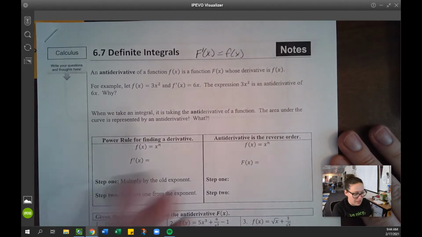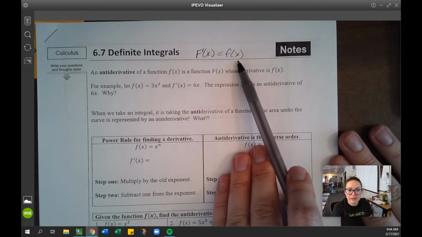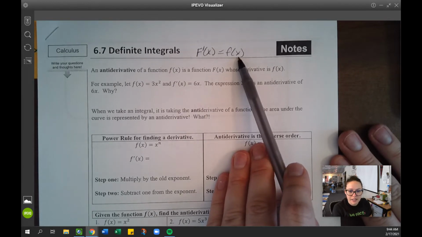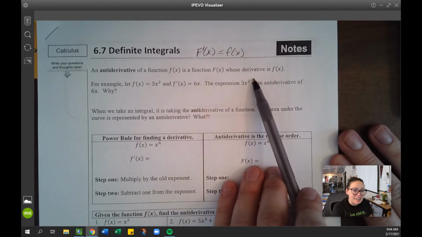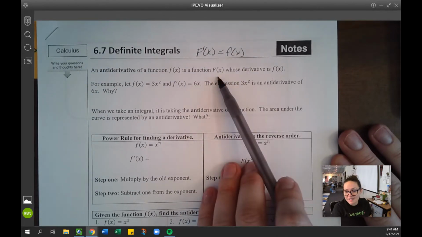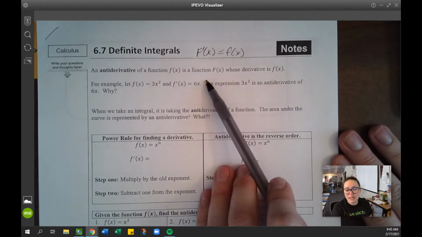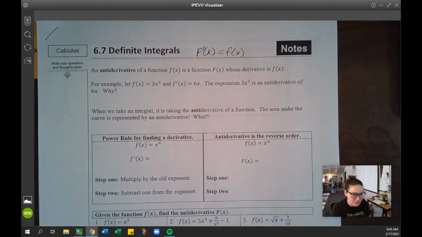The derivative of big F is little f. I feel like an elementary school teacher with the big F and little f. I don't know why this is the notation, but it is the way it is, I suppose.